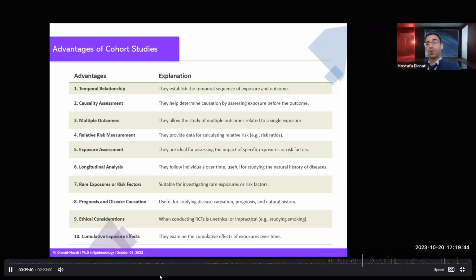And basically, this really needs a valid diagnostic tool. So if you're going to perform a cohort study, for sure you have to screen your individuals in order to make sure that no one is sick. If yes, then you have to exclude them from your study. Or related diseases.